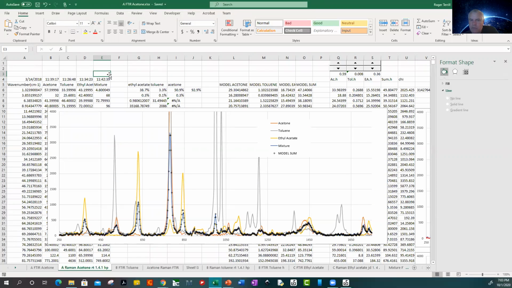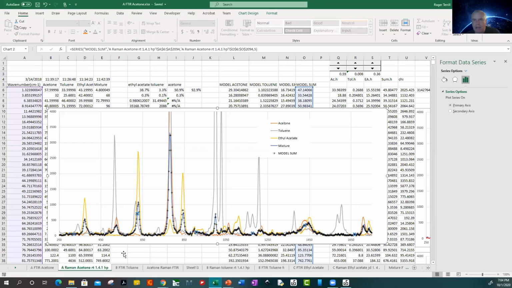So what we're trying to do is we're trying to model a spectrum, right? And so the spectrum that we're trying to model is in the blue here. It's this blue line, right?